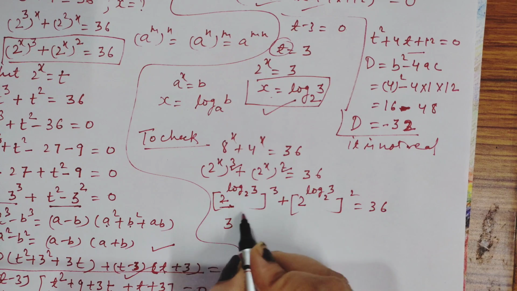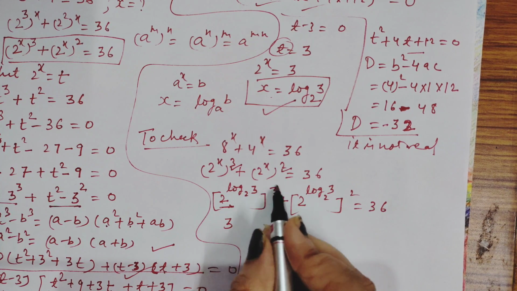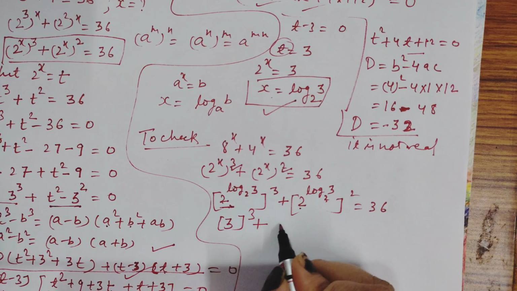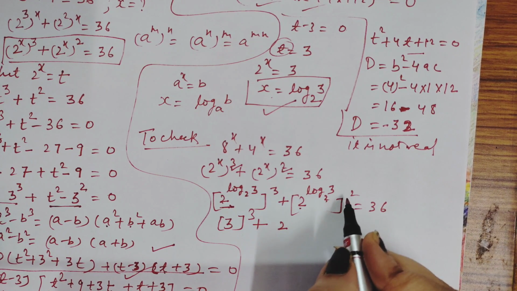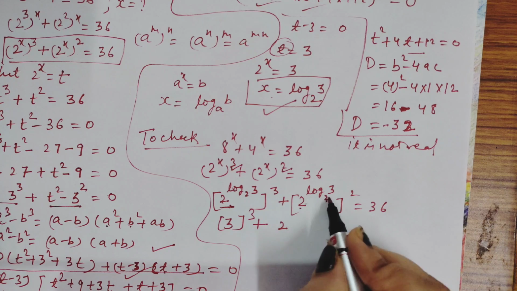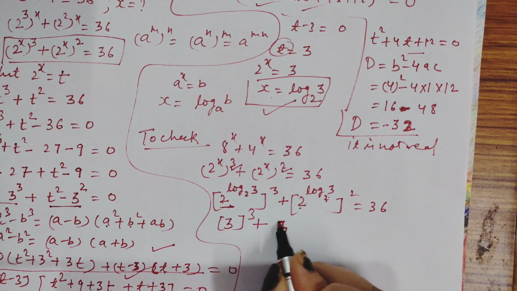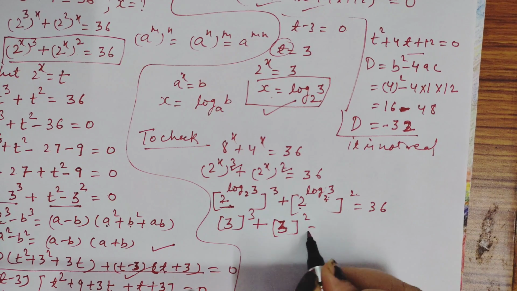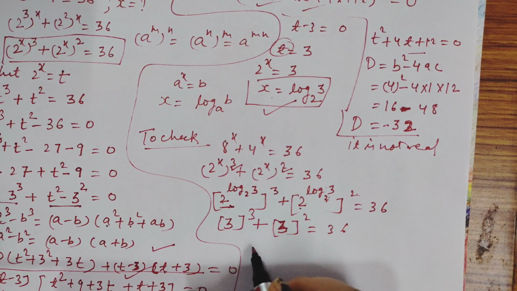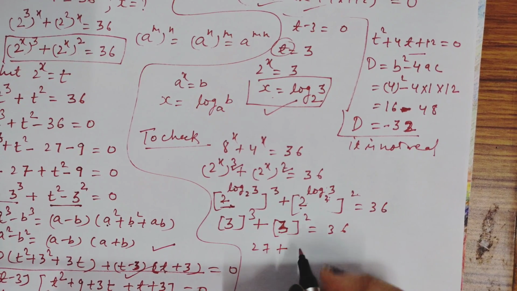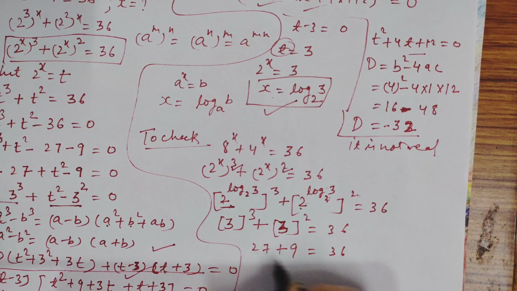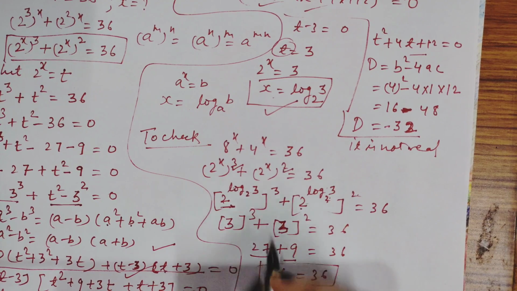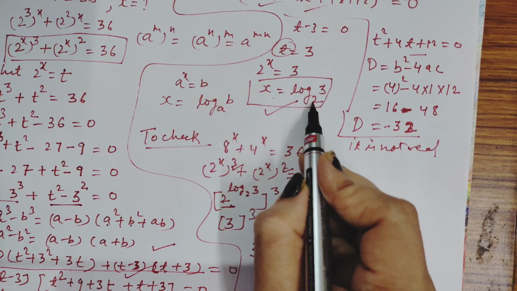So it is 3 cube and 3 square equals 36. 3 cube is 27 and 3 square is 9. Now check, 27 plus 9 is 36. So our value x equals log 3 in base 2 is correct.